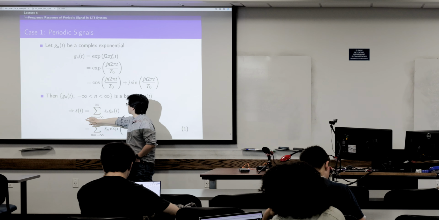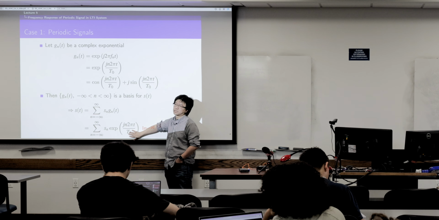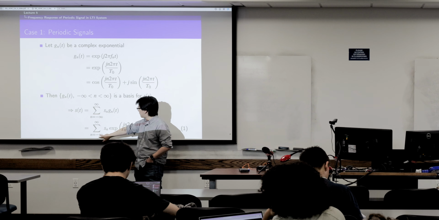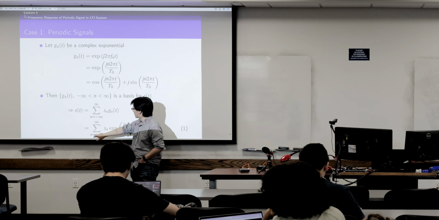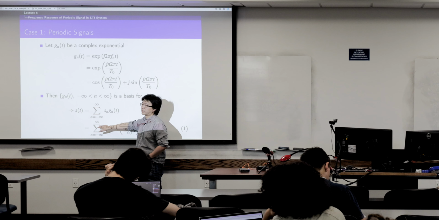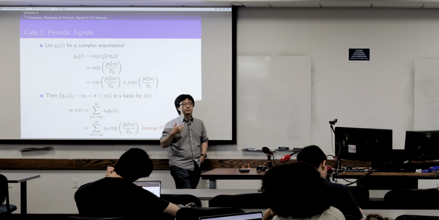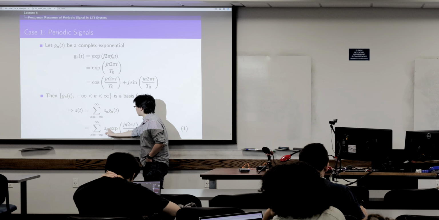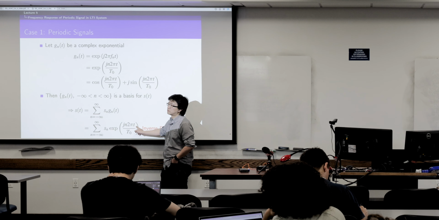This is basically our synthesis equation as before. Before we had all this cosine and sine part, but now we have only complex exponentials, which is very clean. Here the n is our k before, from minus infinity to plus infinity. This form is exactly the form that we want: we have a coefficient multiplied by a base function.